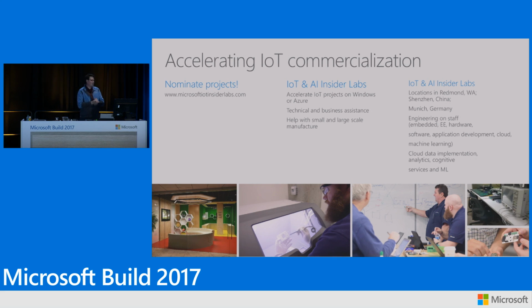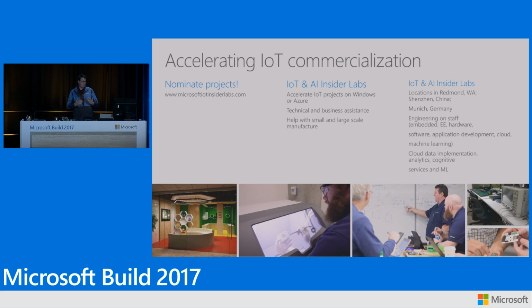the IoT and AI Insider Labs that Microsoft hosts are a fantastic resource. Now, you have to get your project nominated to go into these resources. But if you nominate your project and it is accepted, you can have access to a number of different labs all over the world with staff on hand, EE staff, software architects, cloud folks, to put your solution together, and some fantastic tools.